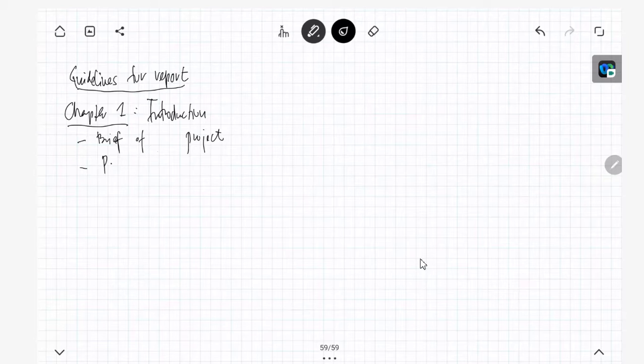Then the second one is the problem statement. Then your objective. Then your scope.